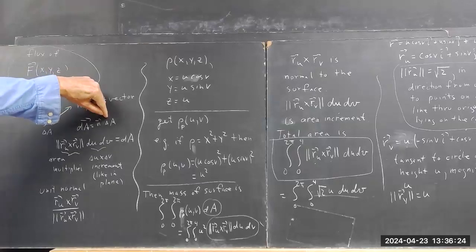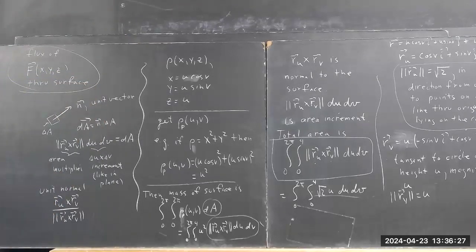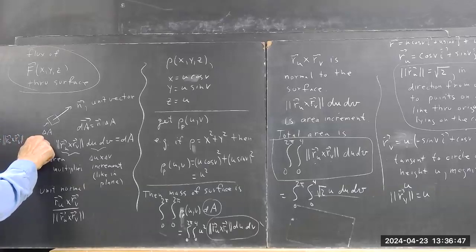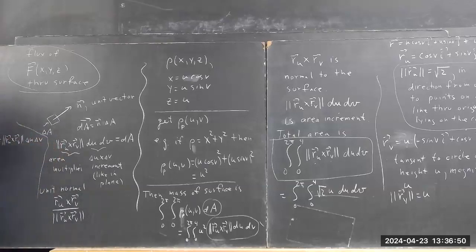It's the unit normal times your delta A. I think delta A is the area of the surface corresponding to a delta U by delta V increment in UV space. You got this. Okay, well, there's your delta A.